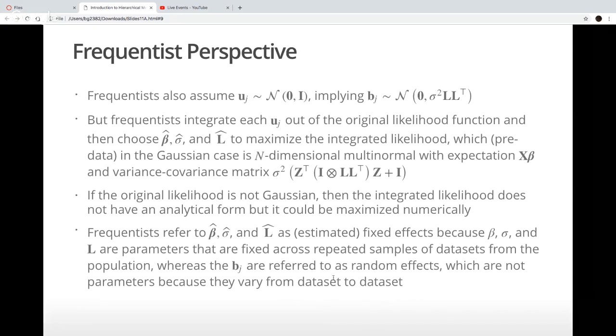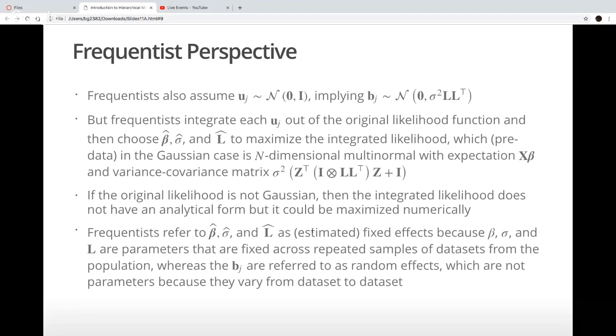And so that's a multivariate normal. And you say, wait a minute, why are the frequentists putting priors on things? Well, what frequentists are doing is integrating all the u's and implicitly all the v's out of the original likelihood function to obtain a new likelihood function, called the integrated likelihood function, that only depends on the betas, sigma, and L. Then they choose estimates for beta, sigma, and L to maximize the integrated likelihood.